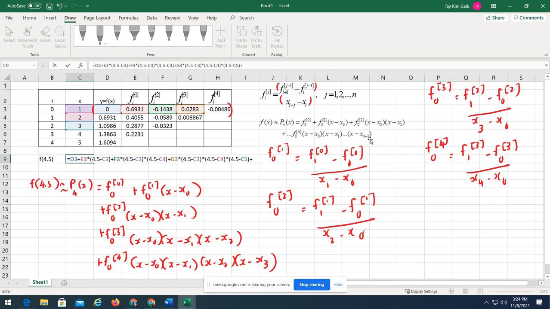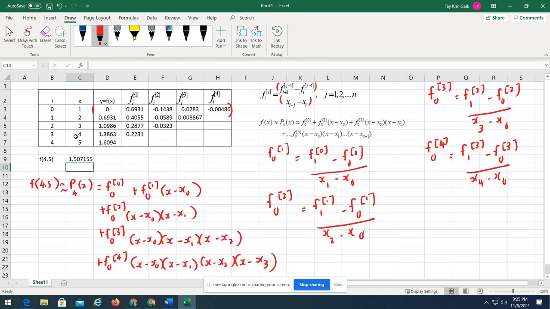Plus F04. Multiply, lazy to type, just copy these 3 terms, Control C, and then Control V to paste, multiply. Fourth level, you have 4 terms: X node, X1, X2, and then 4.5 minus X number 3.